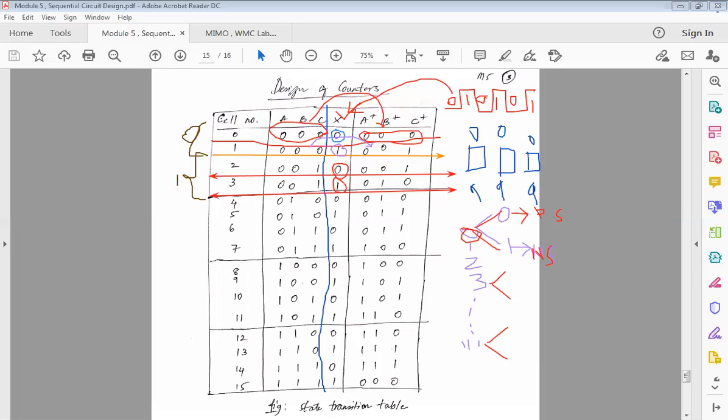I'm talking of only this column. Concentrate on this column only, within the blue line, and then now 0 1 2. So the next division that we have is here. Then the next division we have is here. Are you all able to understand the divisions in the truth table?